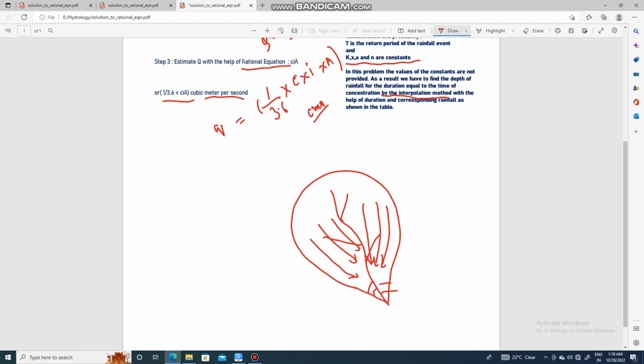Any water droplet beyond this boundary cannot cross into this watershed. Well, it may go this way or this way, but it cannot come here if the water droplet falls outside this boundary. So in this way, the boundary of a watershed is demarcated.